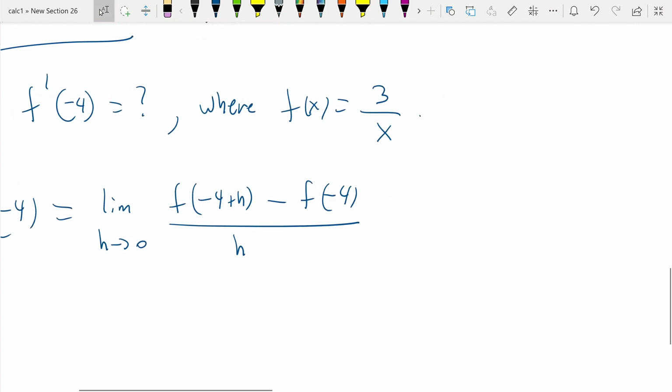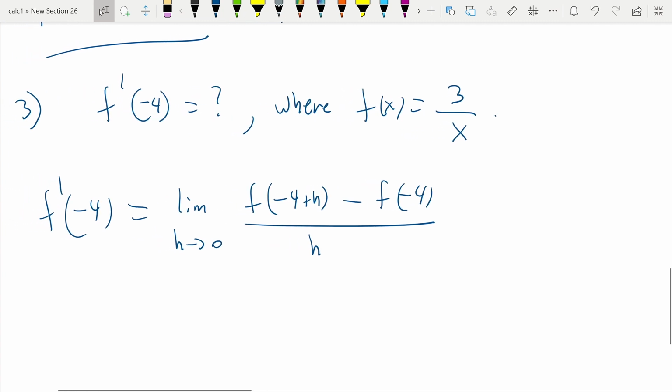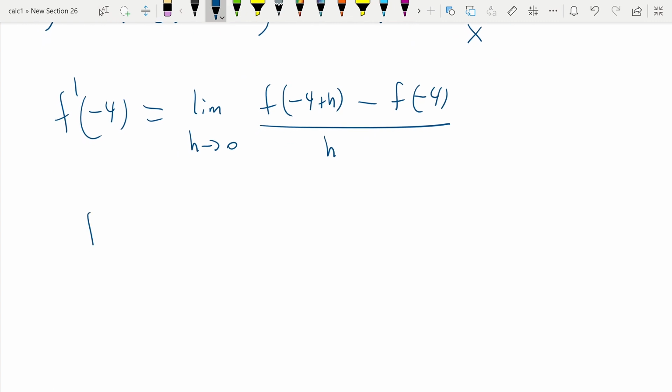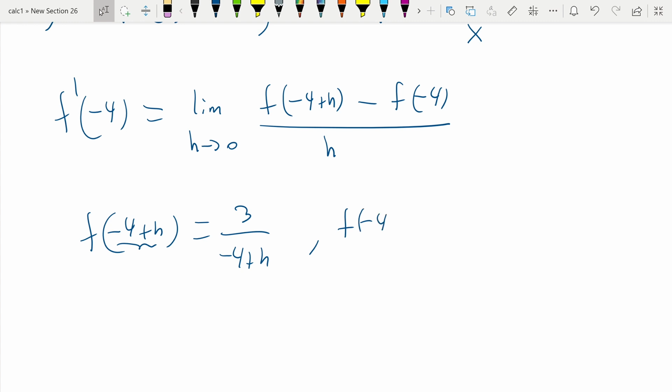Given that f of x is equal to 3 over x, whatever we have inside f, we have to compute 3 over that in order to get the value of f. We get that f of minus 4 plus h is equal to 3 over minus 4 plus h, and f of minus 4 is 3 divided by minus 4, which is minus 3 over 4.